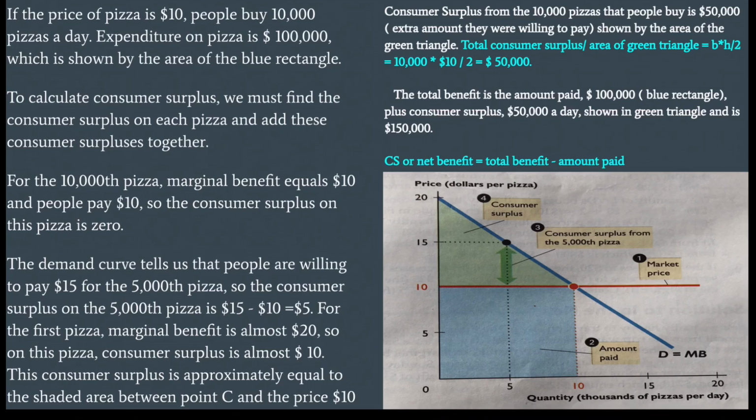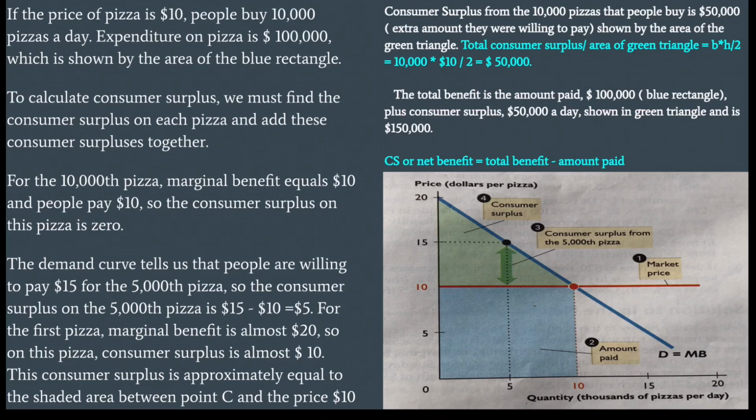To calculate consumer surplus, we must find the consumer surplus on each pizza and add these consumer surpluses together. For the 10,000th pizza, the marginal benefit equals $10 and the people pay $10, so the consumer surplus on this pizza is 0. People are willing and able to pay what they actually pay. So there is no consumer surplus.